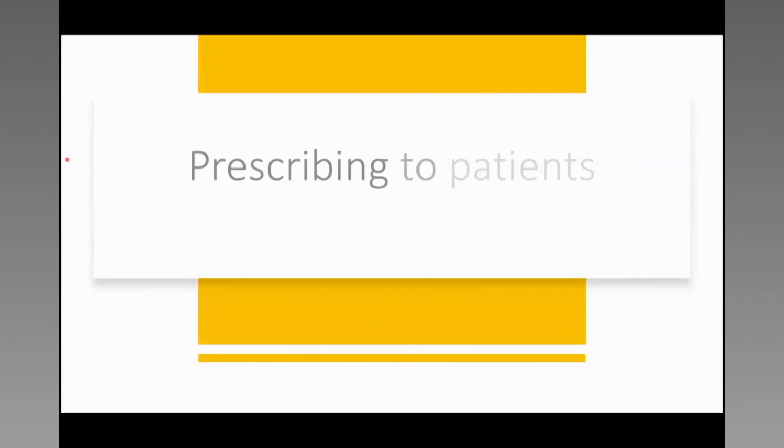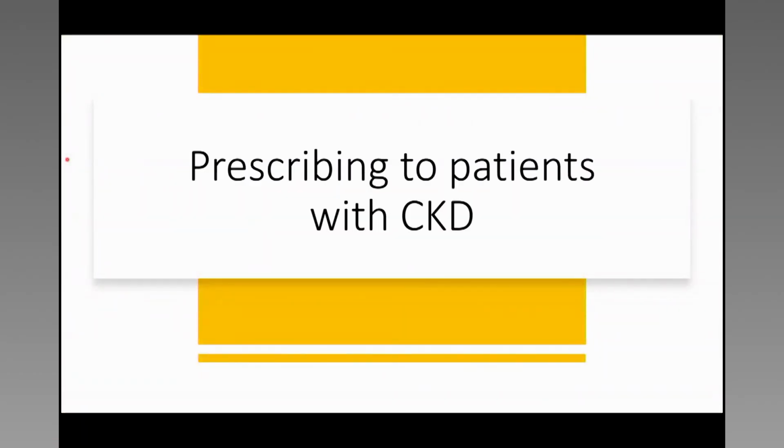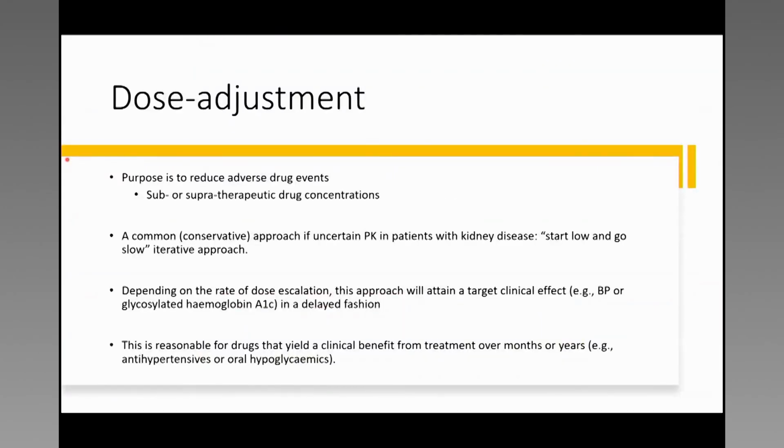So when prescribing to patients with chronic kidney disease, dose adjustment, I've already mentioned that the purpose is to reduce adverse events, whether it be to sub or supertherapeutic drug concentrations. A common or conservative approach in most cases with kidney disease is to start low and go slow, and I think that's appropriate.